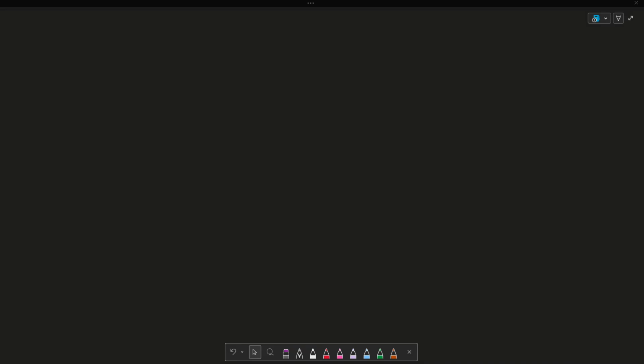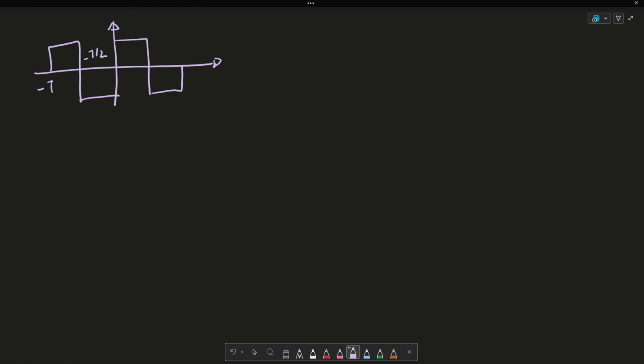So what does Fourier actually say mathematically? He says, all right, give me a periodic function. So let's take this simple square wave, from minus T over 2 to T over 2, where this is x of t.